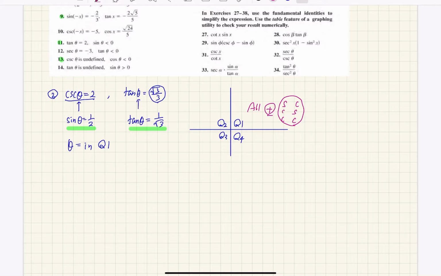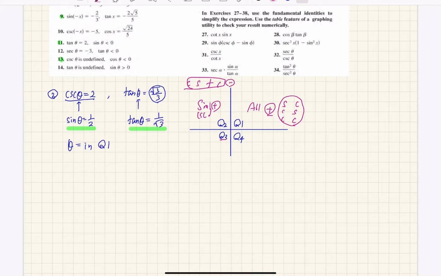In the second quadrant, only sine and its reciprocal, cosecant, are positive, which means the other 4 trigonometric functions are negative. Cosine, secant, tangent, cotangent are negative in Q2.